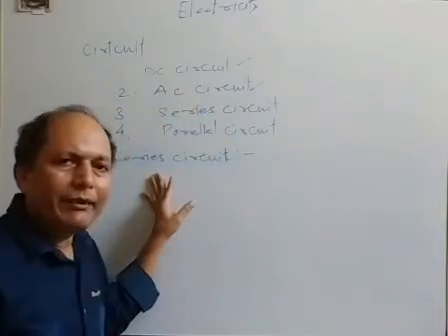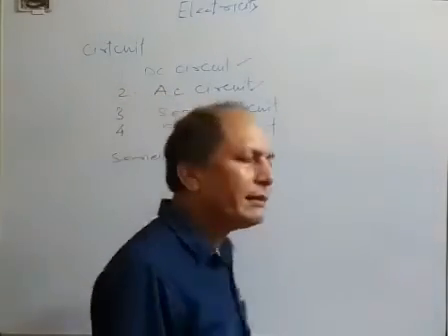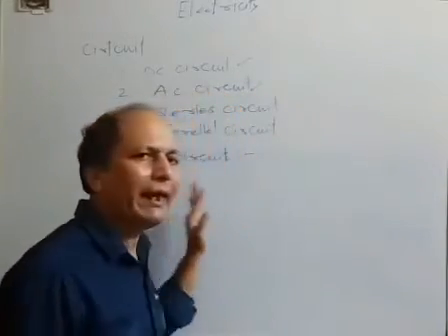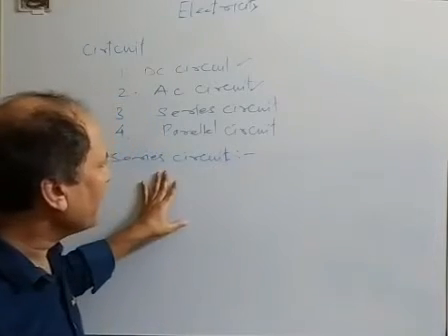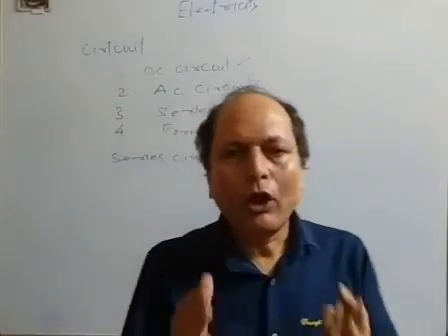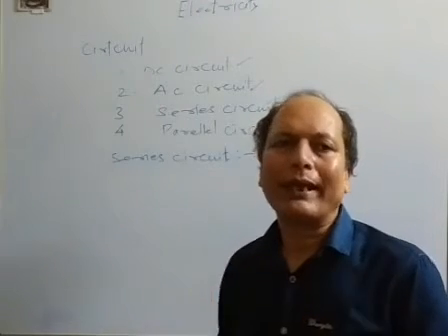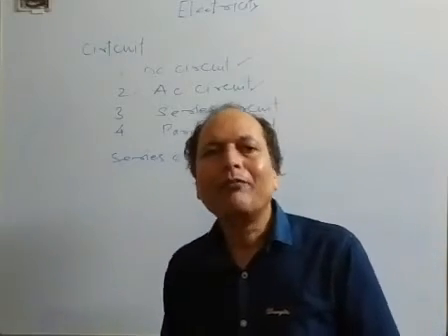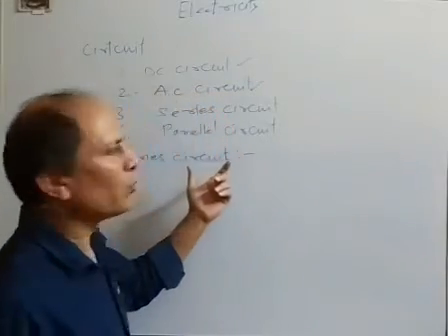A circuit in which all the electrical instruments, meaning resistors, are connected end to end. Once again, a series circuit can be explained as a circuit in which all the resistors are connected with each other end to end, and first terminal of first resistor and second terminal of last resistor are connected with electric source. Such type of circuit is known as series circuit.